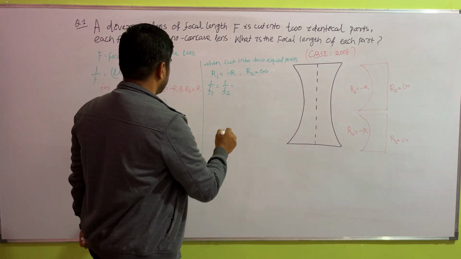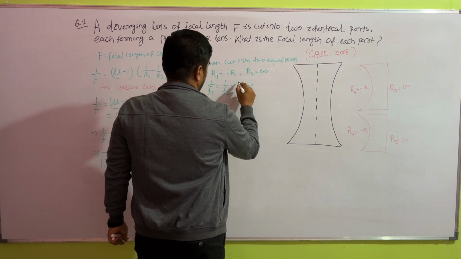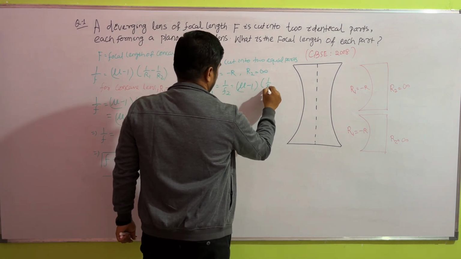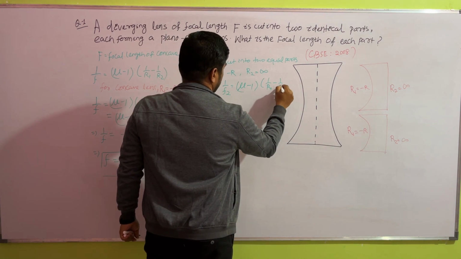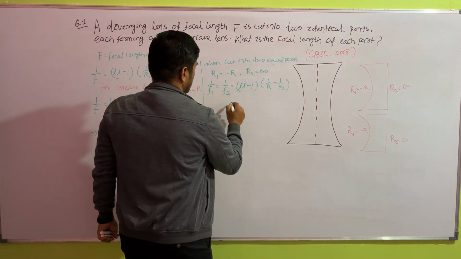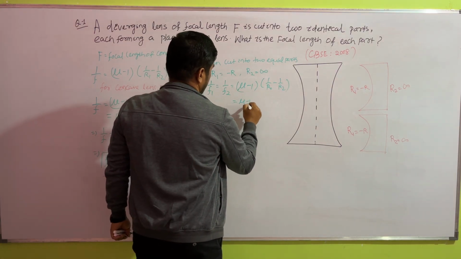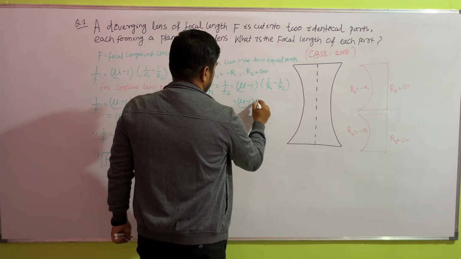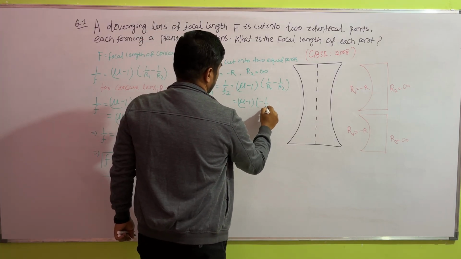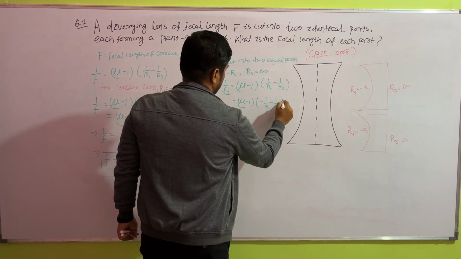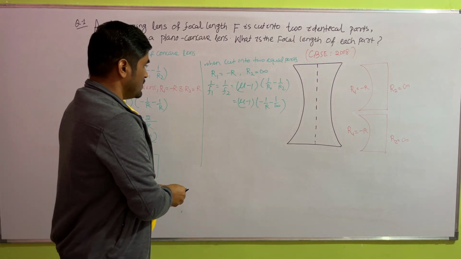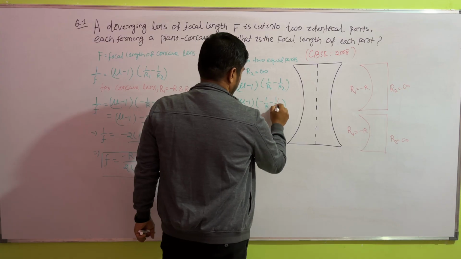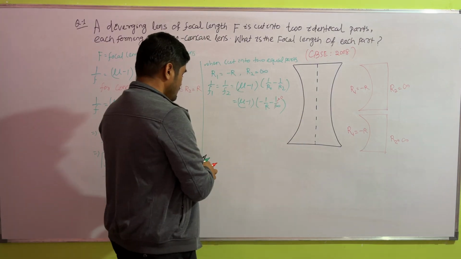The formula is mu minus 1 into 1 divided by r1 minus 1 divided by r2, which equals mu minus 1 multiplied by the value of r1, minus 1 divided by r, minus 1 divided by infinity, and 1 divided by infinity is 0.